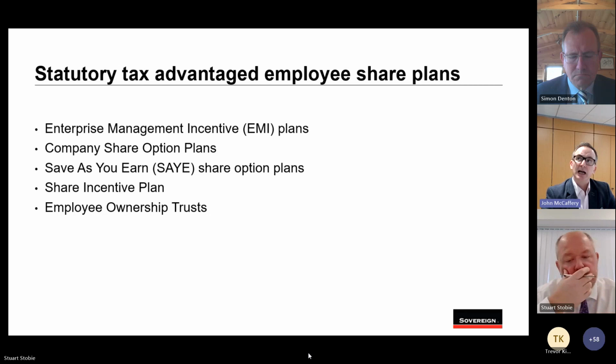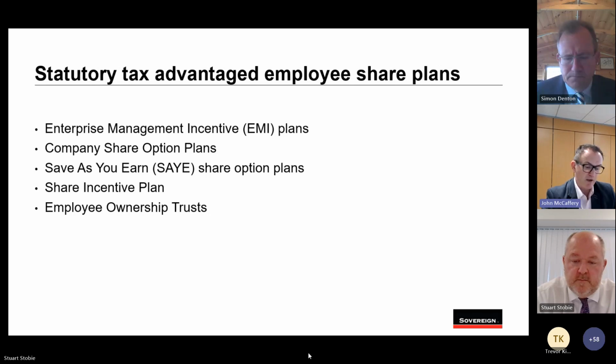Discounts do apply, subject to exit coming up. Basically, with an EMI, you're looking for growth, and you are going to incentivize this key individual because you believe they are key to the growth of your business. So we've got it worth 5 million. 5% would be worth 250,000 on a straight line, but we can apply up to an 80% discount. So we've got an option worth £50,000, let's say.